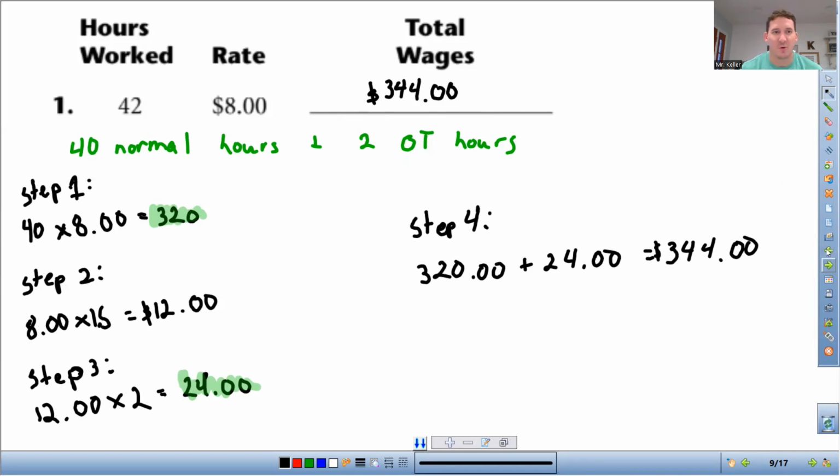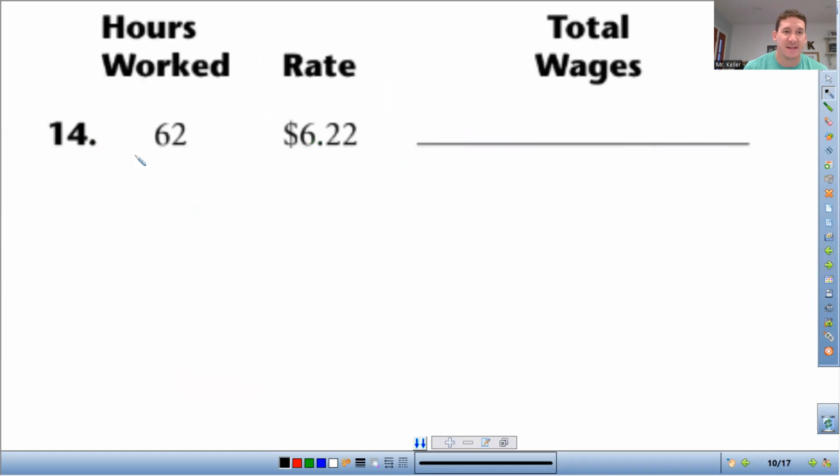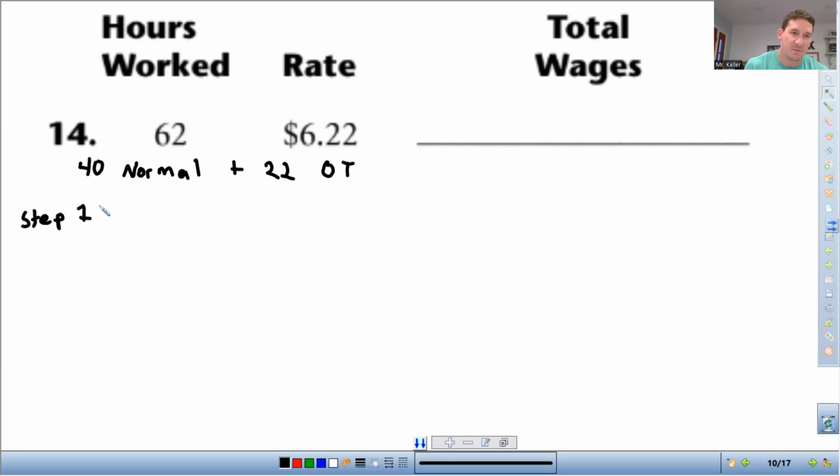Let's do one more example. Why not? 62 hours. So that's 40 normal hours plus 22 overtime hours. So again, step 1. Man, they could use a better rate than, why not 6.50? It's easier to work with.